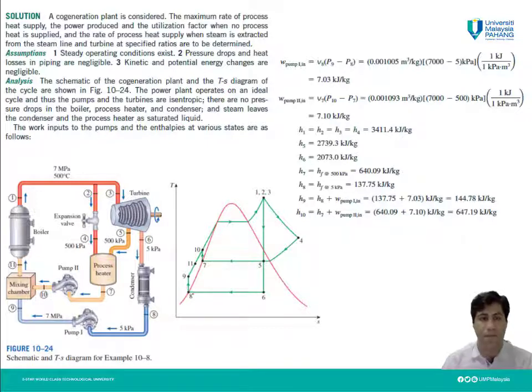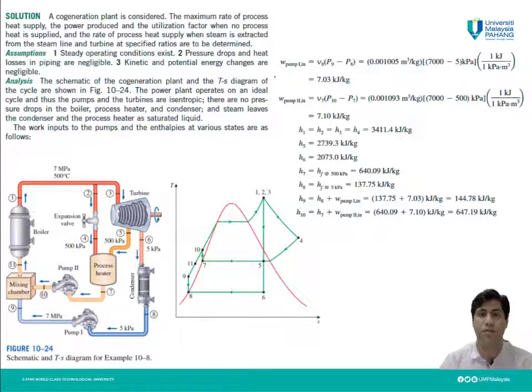Saturated liquid means state 7 and state 8, and you can see here they are on the saturated liquid line. Then the work inputs to the pumps and the enthalpies at various states should be determined according to the properties which we have.